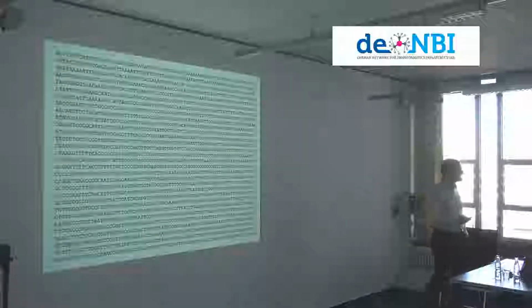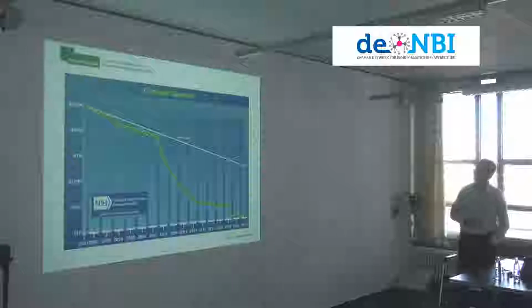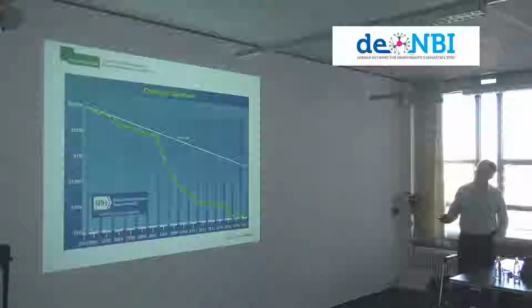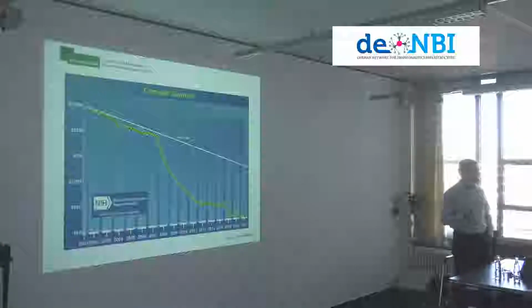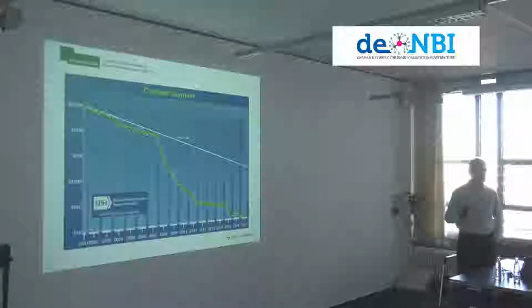When you look at the history of DNA sequencing and how it emerged over the last years, you see that there's a tremendous advancement in the technology of DNA sequencing.